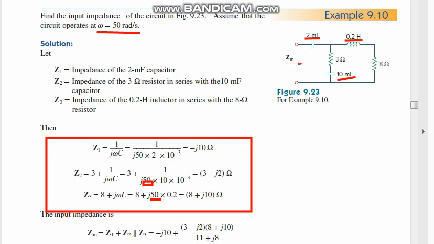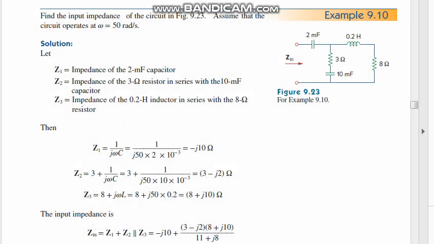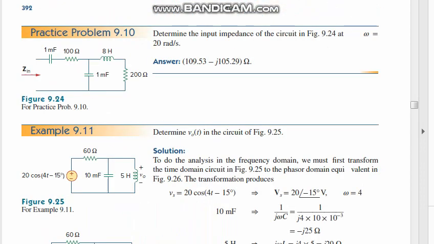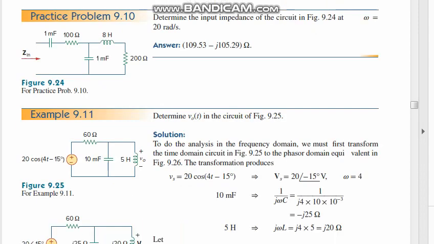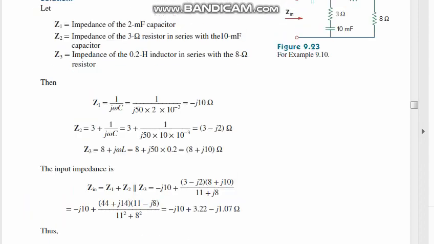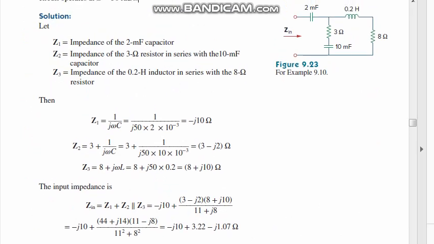After that, finding out the input impedance, that is Z1 plus Z2 parallel Z3. You can see here, look at it, Zin is Z1 and these two parallel branches, adding up to this series, and we can make up this equation.